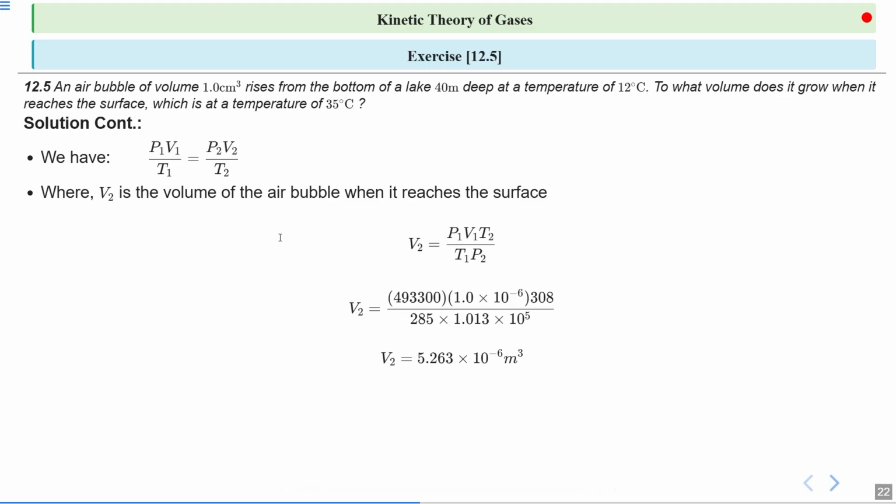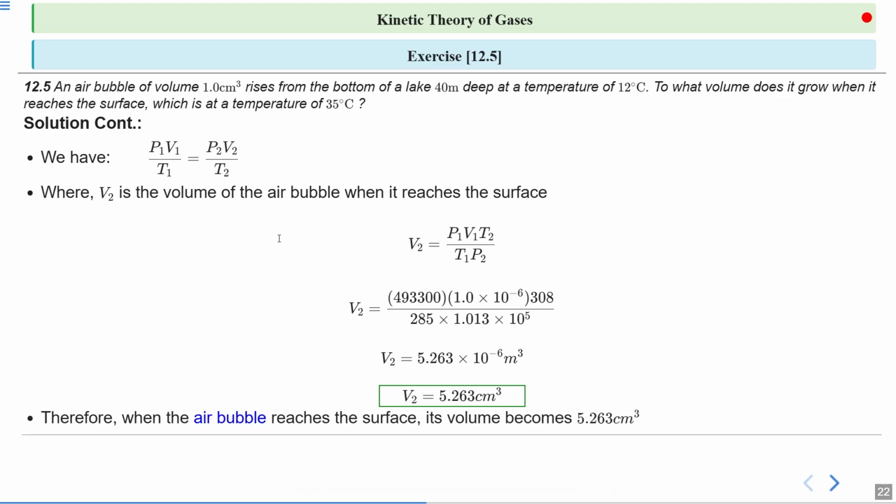This gives us the volume in cubic meters, which is a standard unit in physics. Converting the volume to cubic centimeters, we have V2 equal to 5.263 centimeter cube. So when the air bubble reaches the surface, its volume increases to 5.263 centimeter cube.